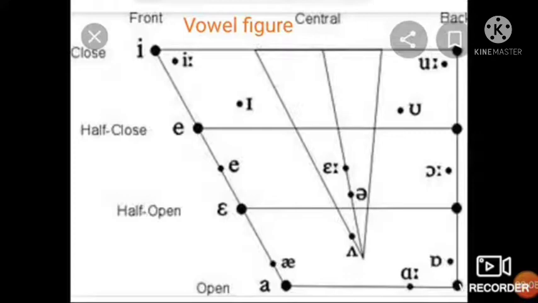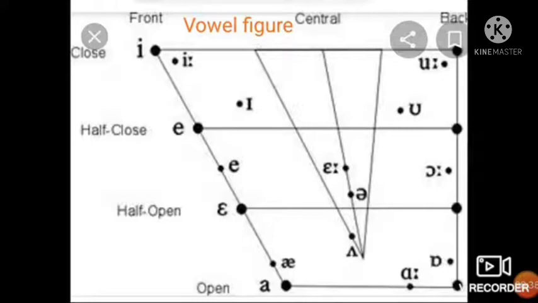Then the description of vowels. There are 12 vowels in English phonetics. These are as follows. Number 1, long A, unrounded front close vowel. Number 2, short E, unrounded centralized front vowel between half close and close.